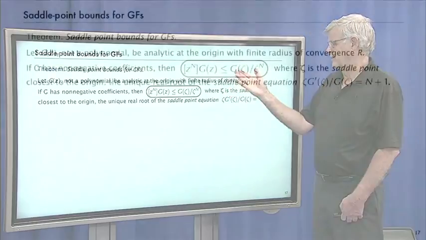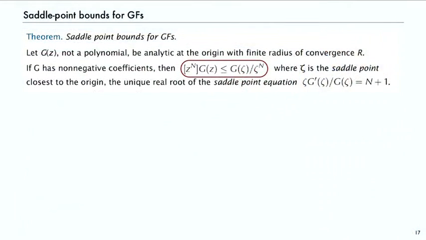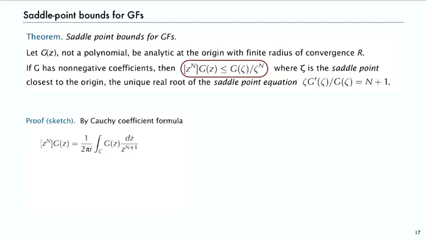If g is analytic with finite radius of convergence R and non-negative coefficients, which generating functions from analytic combinatorics always have, then the coefficient of z to the n in g of z is less than or equal to g of zeta over zeta to the n, where zeta is the saddle point. That's just a formal statement of the equation. And again, it follows from Cauchy's coefficient formula: you take C to be a circle of radius zeta and change to polar coordinates.